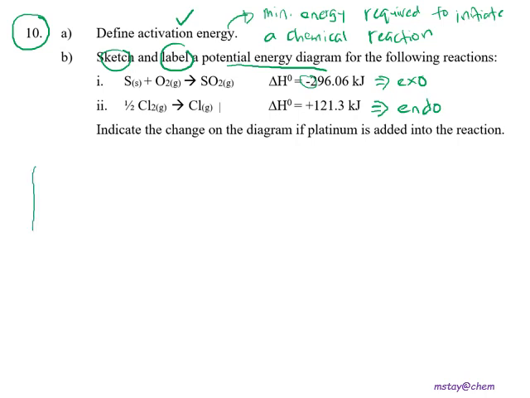If it is an exothermic process, before we continue, we have to label the graph. Here, the y-axis refers to potential energy, always in the unit of kilojoule per mole, while the x-axis is the reaction progress.